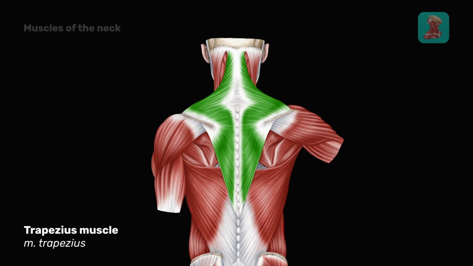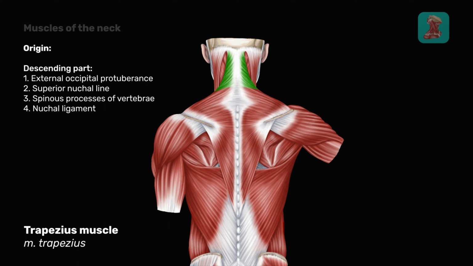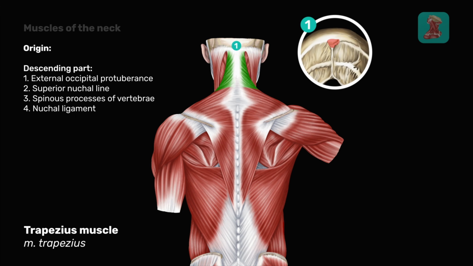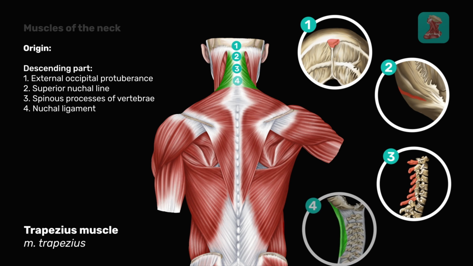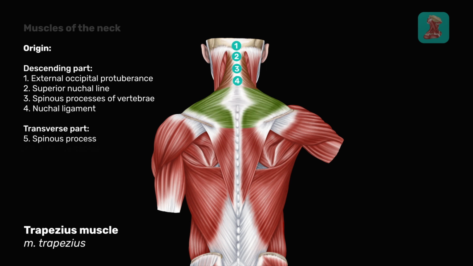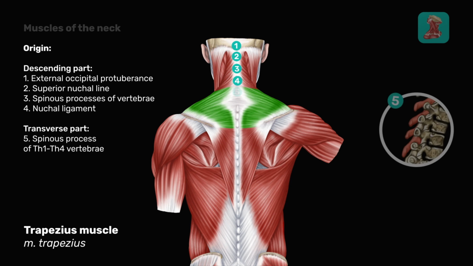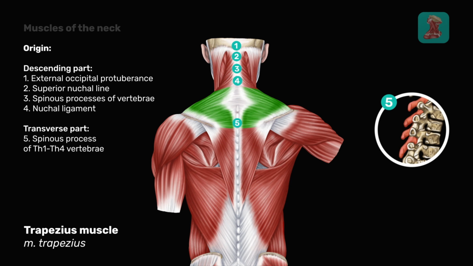The trapezius muscle. Origin: the descending part originates from the external occipital protuberance, the superior nuchal line, the spinous processes of the vertebrae, and the nuchal ligament. The transverse part originates from the spinous processes of the 1st to 4th thoracic vertebrae.